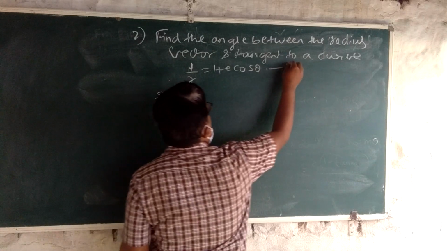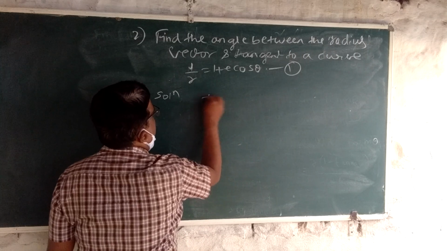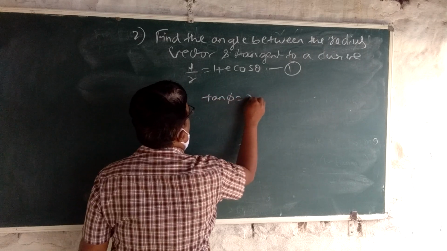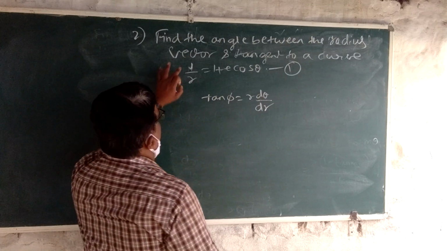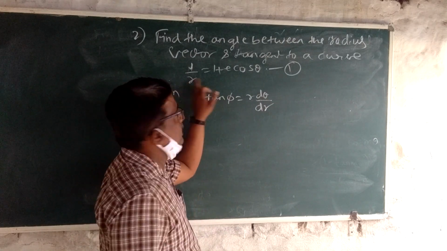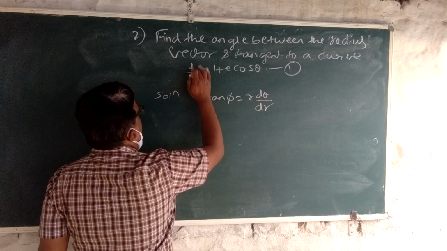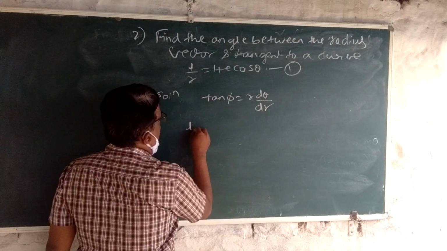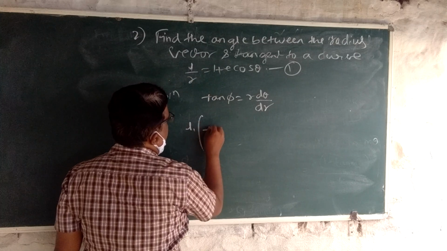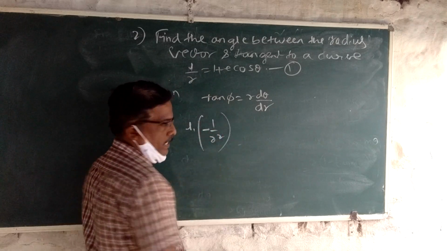So first is the solution. This is equation 1. The formula is tan φ is equal to r into dθ/dr. Now differentiate this with respect to θ. So now l/r differentiation. Here l is constant. Differentiation of 1/r is minus 1/r².